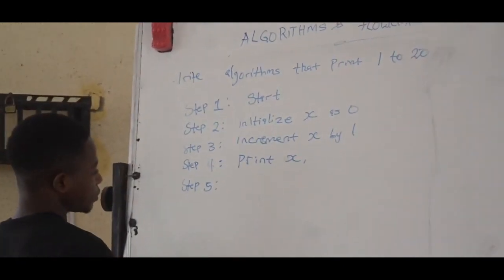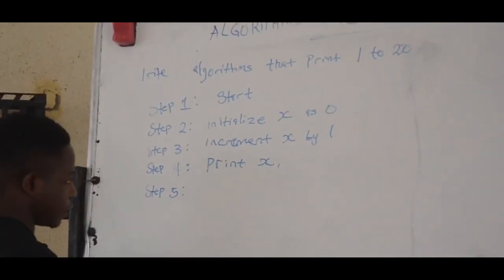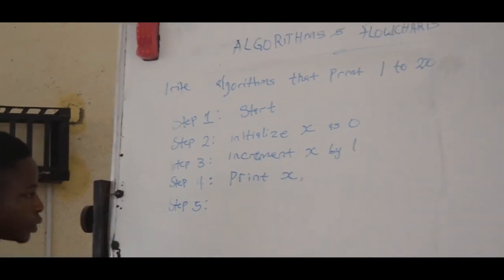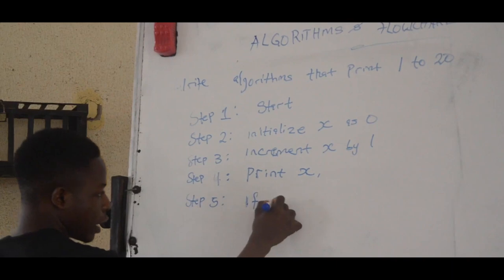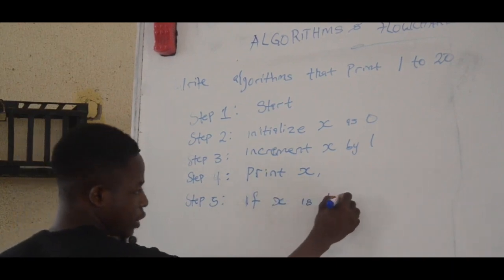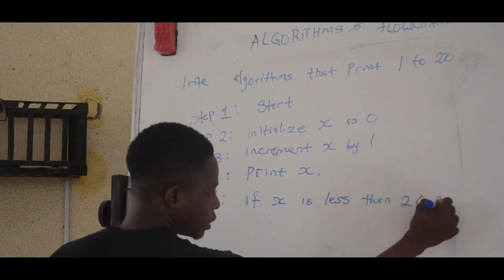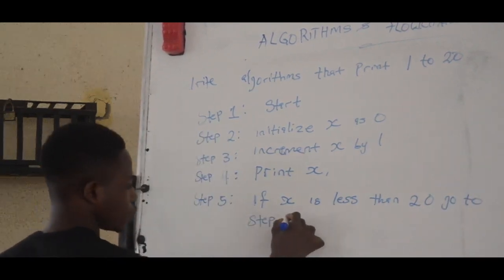You can say stop, or you can even use terminate. When x is less than 20, you can say: if x is less than 20, go to step 2.